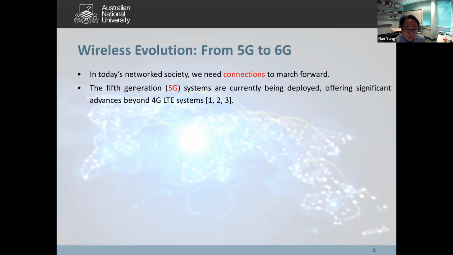And now, as we have mentioned here, the 5G systems are currently being deployed worldwide, including Australia, and they offer significant advancement over the 4G LTE system. So this is good. But our evolution would never stop.